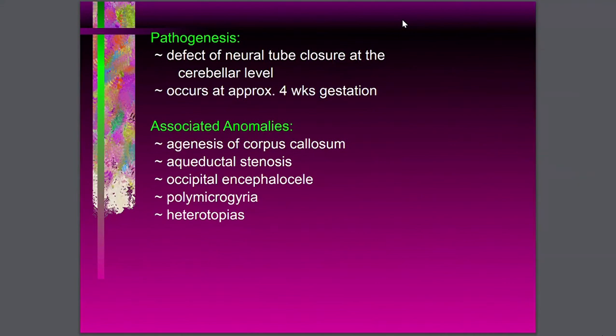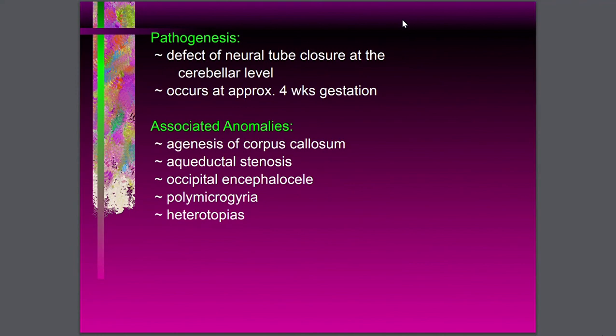Dandy-Walker syndrome is due to a defect of the closure of the neural tube at the cerebellar level, and this usually occurs at 4 weeks age of gestation. So it is an induction disorder, no? And then usually Dandy-Walker syndrome is associated with several anomalies of the brain, no?